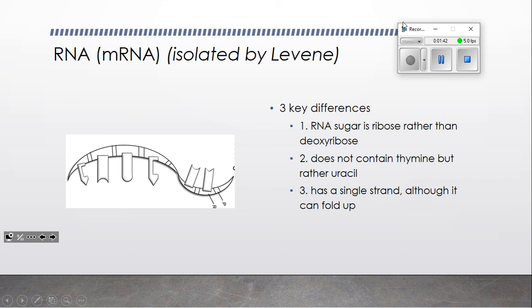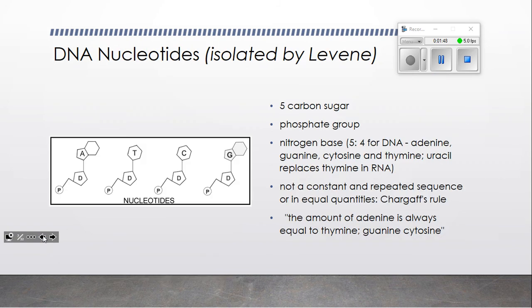That's why the name is different. So if you recall yesterday, and I'll just back up for a second, these were our nucleotides, and the sugar was this little pentagon with a D in it. We're still going to have a 5-carbon sugar, but it's a different type of sugar. It's ribose instead of deoxyribose.